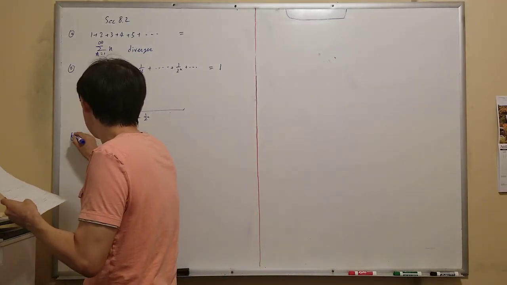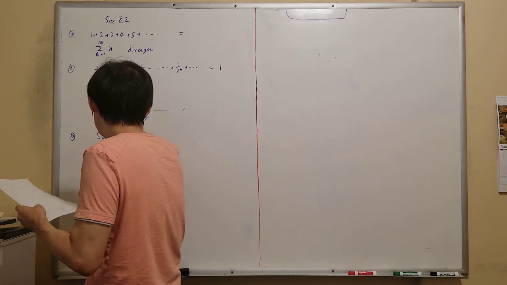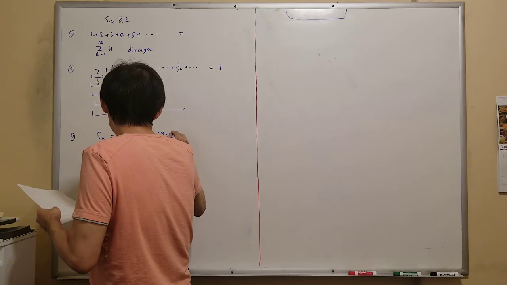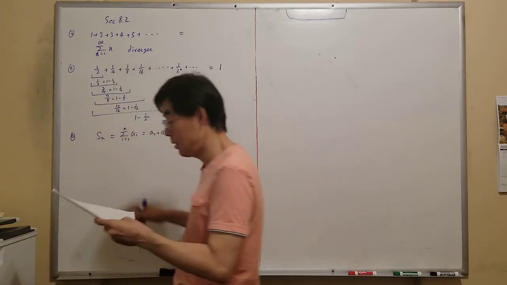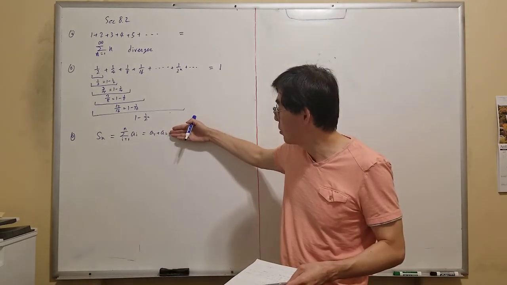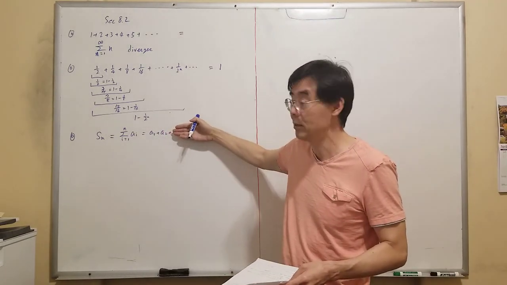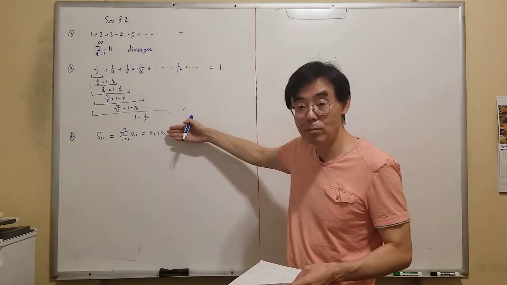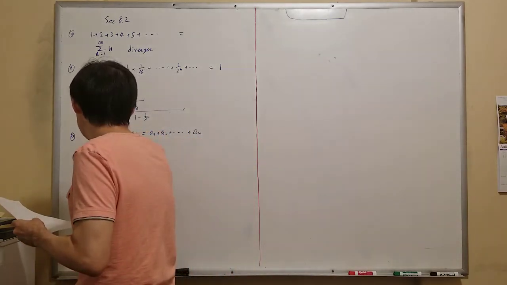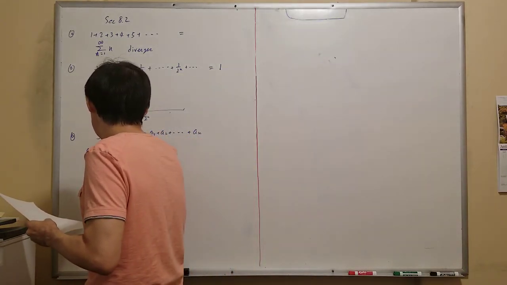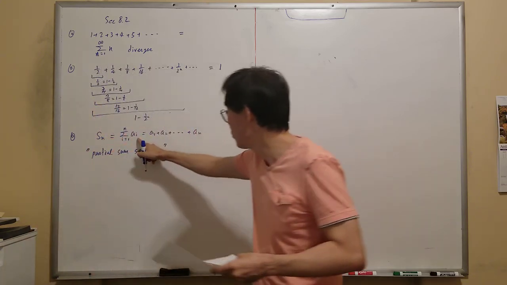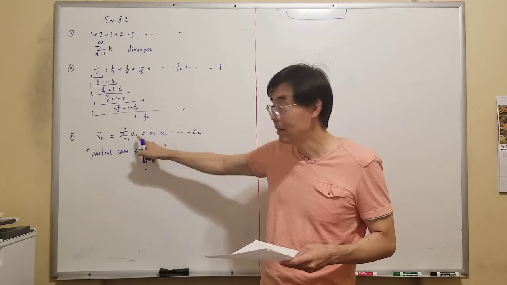We call it Sn. S1 is A1, S2 is A1 plus A2, S3 equals A1 plus A2 plus A3, and Sn is A1 plus A2 plus all the way to An. So this is called the partial sum sequence based on the sequence An, right?